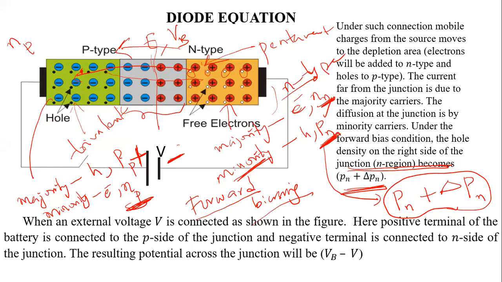So you can assume that there is addition of electrons on the p side from the n side of the junction. Therefore, the number of free electrons on the p side, that is Np, will increase by a certain amount, del Np.